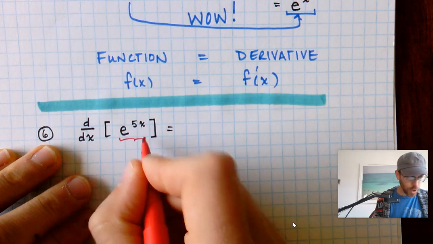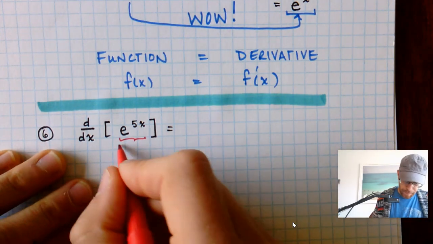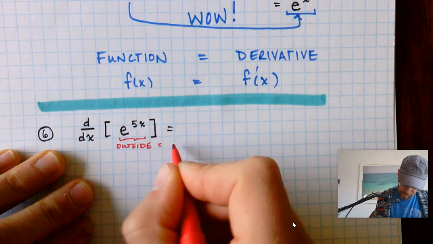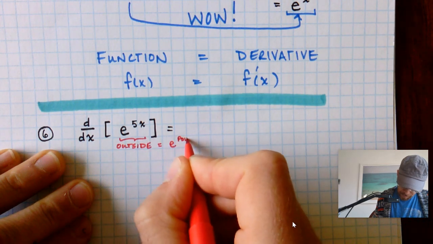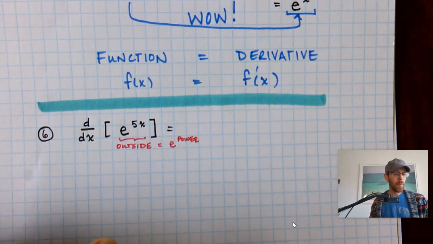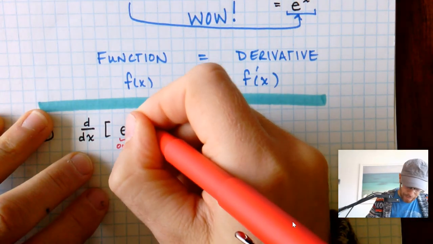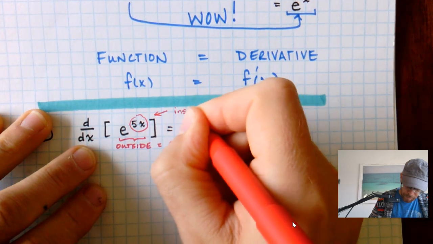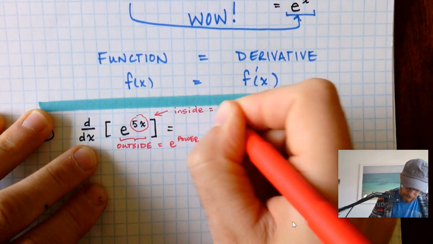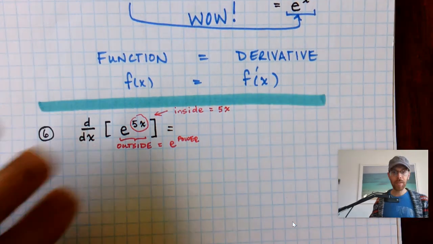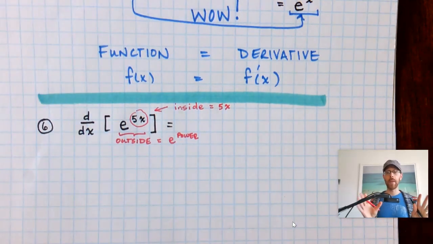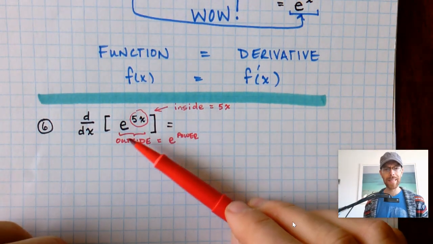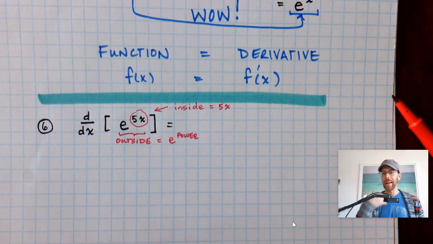That outside function is e to the power. But then we've also got this inside function, and the inside function is 5x. Now I've noticed that sometimes students have a hard time identifying where the inside and the outside function are when we get to these exponential ones. Here's an easy trick.